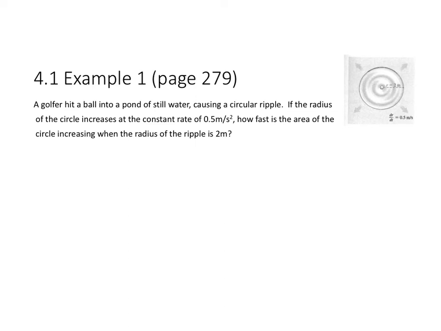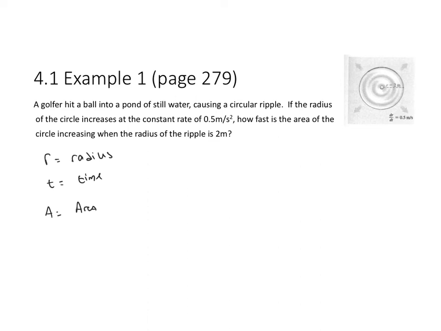So the first thing we have to do is figure out what all of our variables are. Since we have a circle and a radius, well, r will be our first one. And then t is the time. And A is the area.